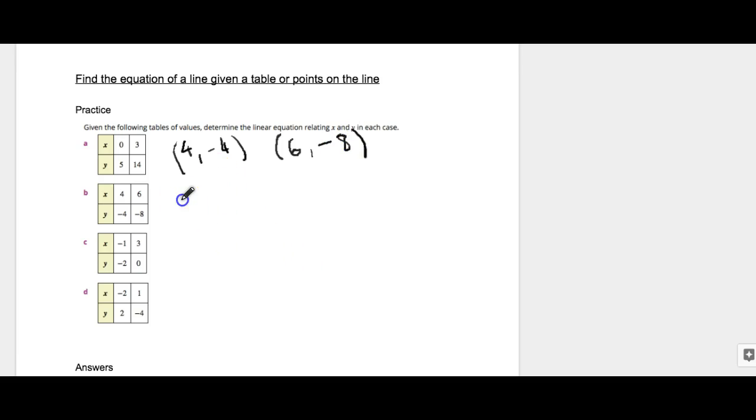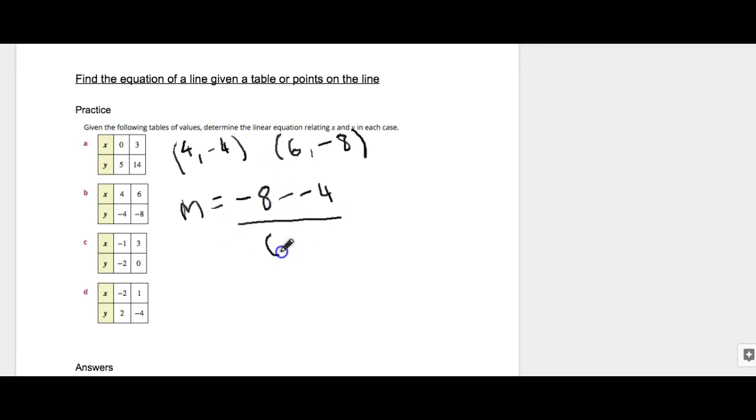Now we go ahead and calculate the value of m, which is our gradient. So I take this -8 minus this -4 divided by, oh, that's a terrible line. Let's maybe do that one again.